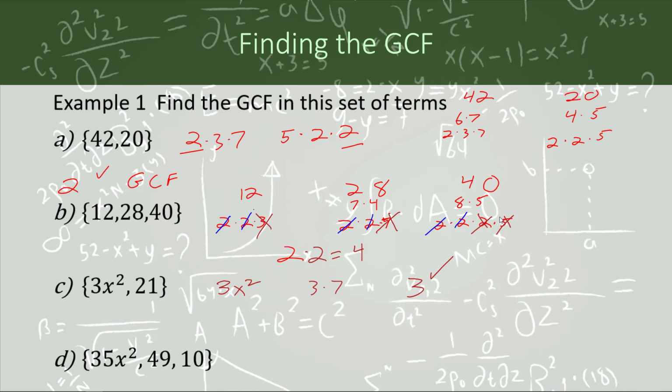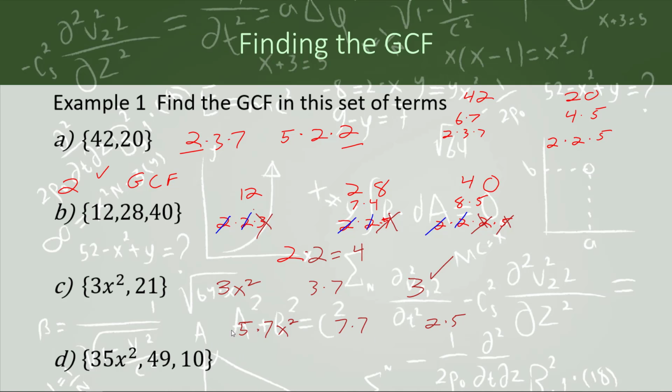So as a consequence, the greatest common factor is 3. And then finally for D, we have 35x squared, 49, and 10. So the prime factorization for 35x squared is going to be 5 times 7 times x squared. The prime factorization for 49 is just 7 times 7. And then the prime factorization for 10 is going to be 2 times 5.